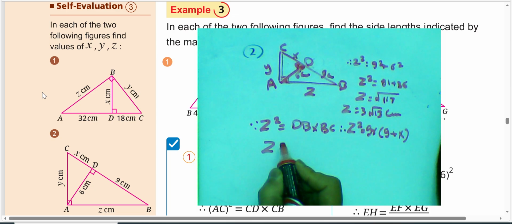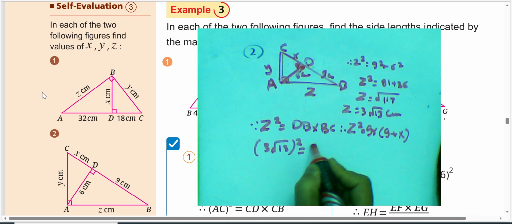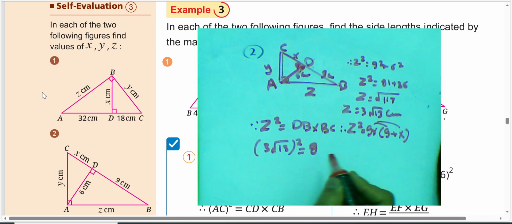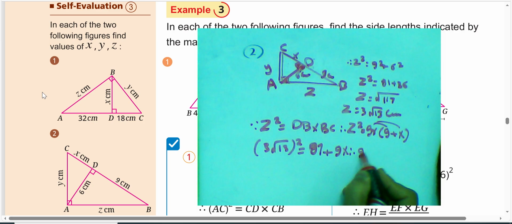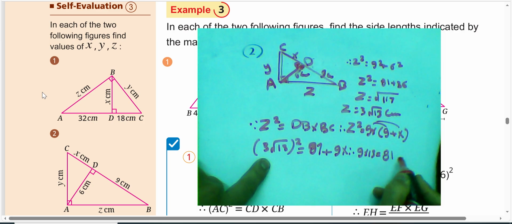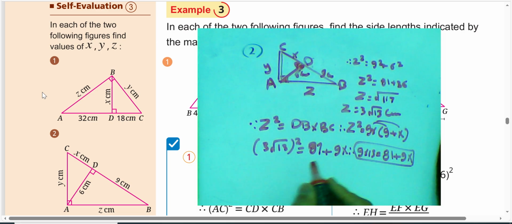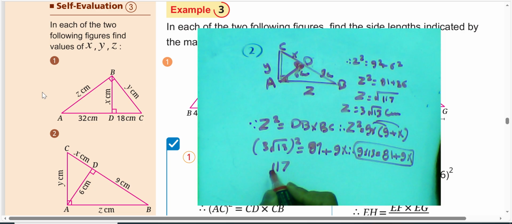Then z power 2, it will be 3 root 13 power 2, equal 9 times 9 equal 81. We will use the distributive property here. It will be 81 plus 9 times x, and then 3 power 2 is 9, root 13 power 2 is 13, so 9 times 13 is equivalent to 81 plus 9x. 3 times 9 is 27, write 7 and carry 2, 1 times 9 is 9, 9 plus 2 equal 11.